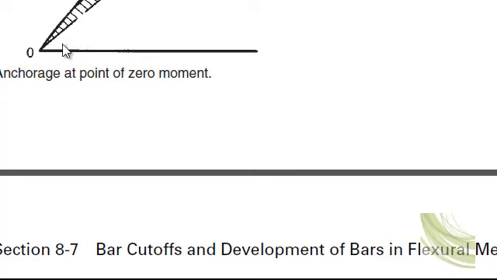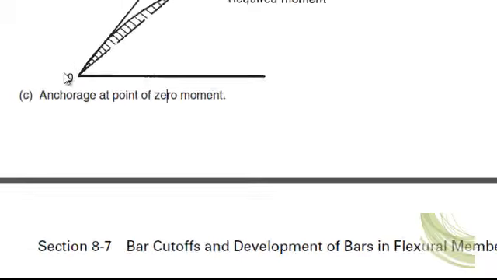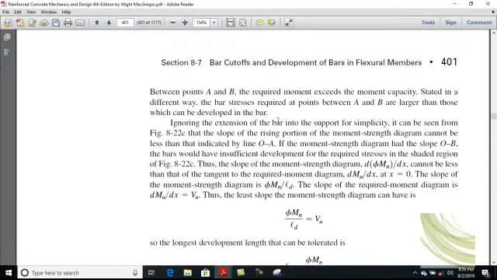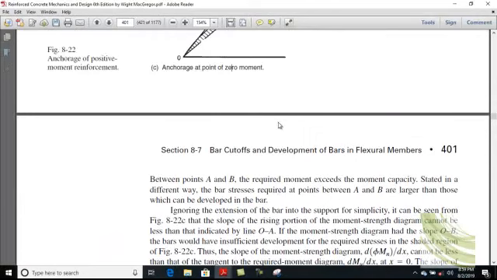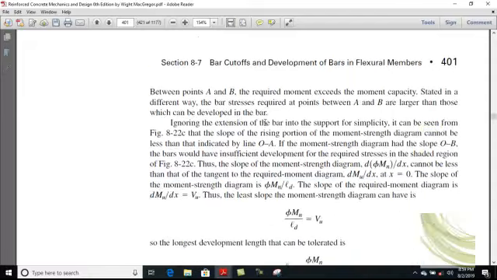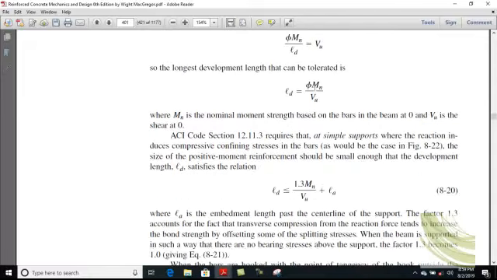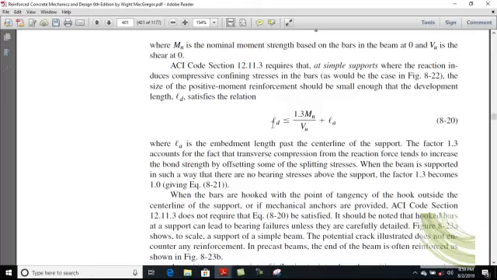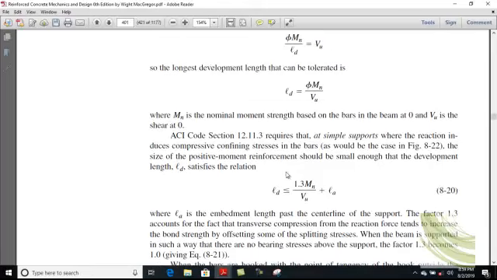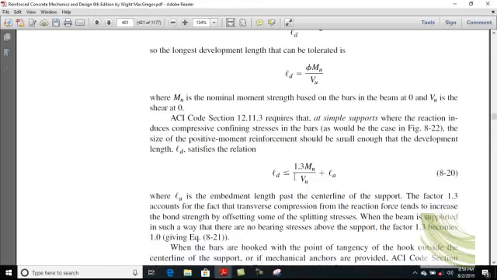So that is the distance a, and we then provide some extension La, through which we are satisfying ourselves and making ourselves more safe.